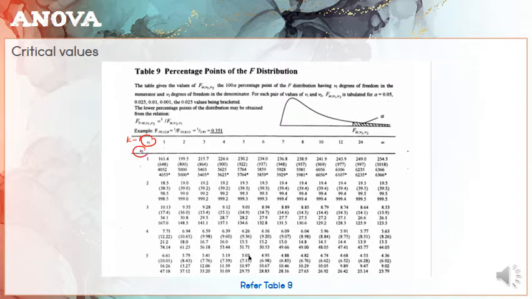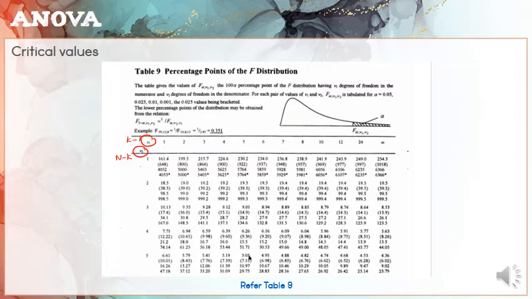And V2, this one is N minus K. So the table is slightly different compared to the table you have used before. It is a bit different as compared to your Z table and your T table. So what is different? Let's look at the top here, it tells us.